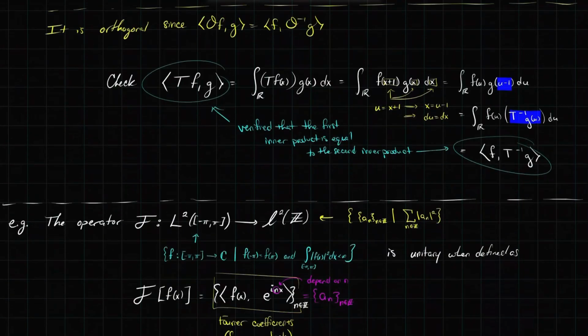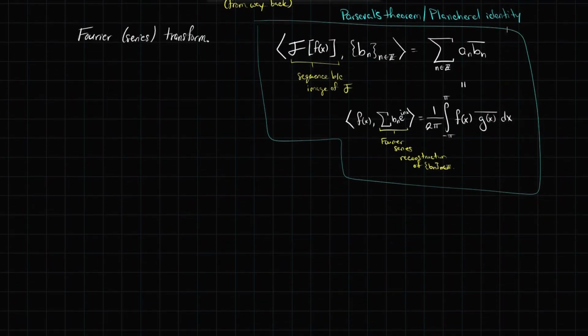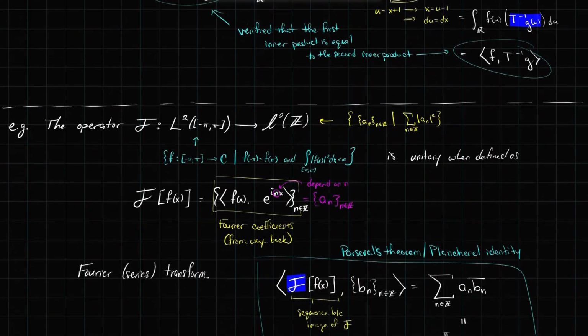I just wanted to show that these unitary operators totally exist, because in this last case, what is that? This is actually f of x against F inverse of the sequence b sub n. So this is the case where you're transforming f with an F inverse, because this is the reconstruction. And I just wanted to show that these unitary operators do exist in infinite dimensional settings.